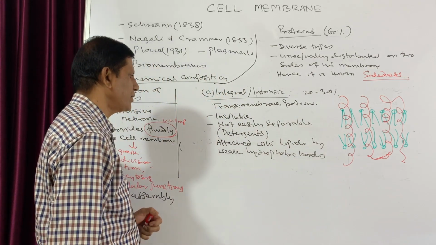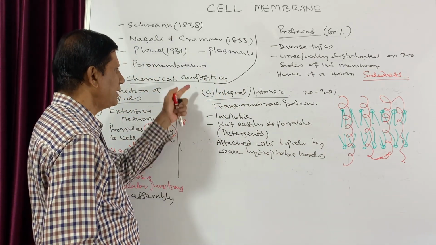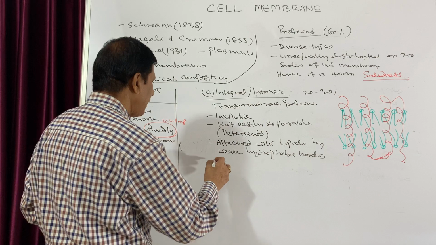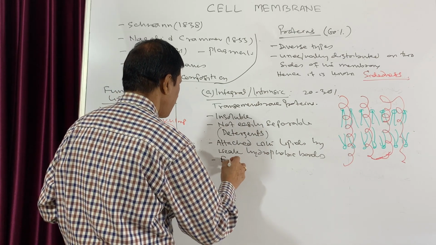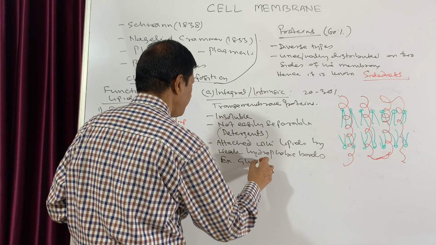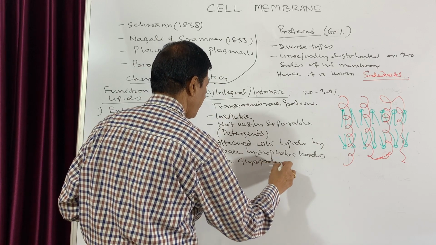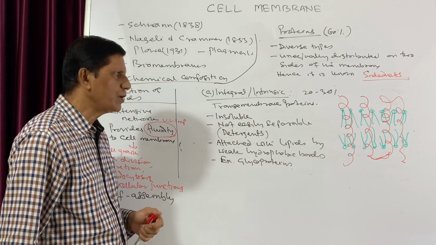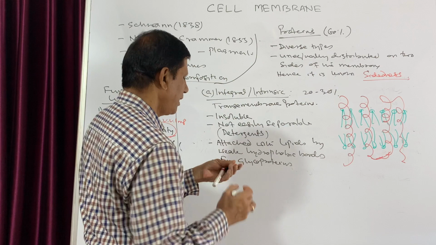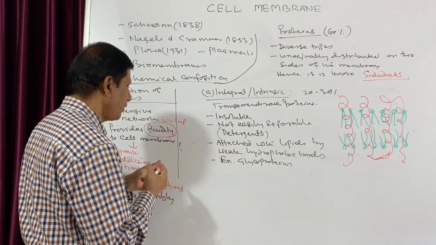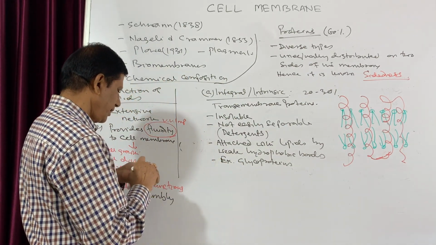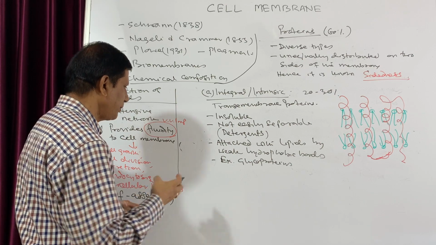So these are the characters, and an example is you can take glycoproteins. So this is about the integral proteins. Now the second type is known as external or extrinsic proteins.